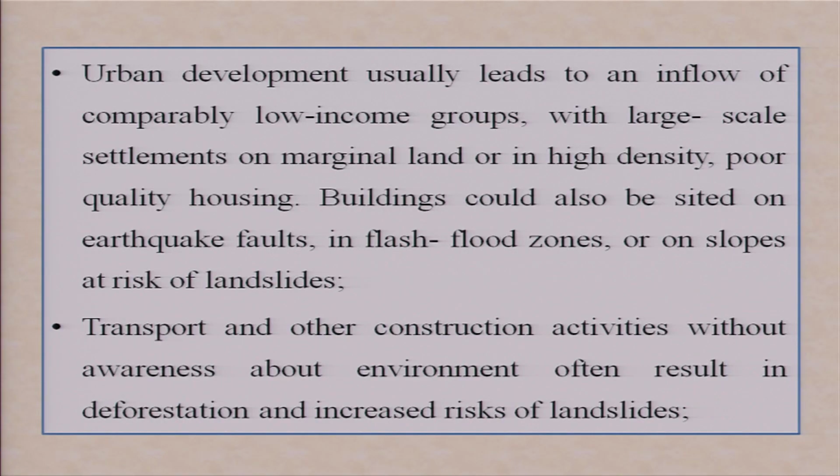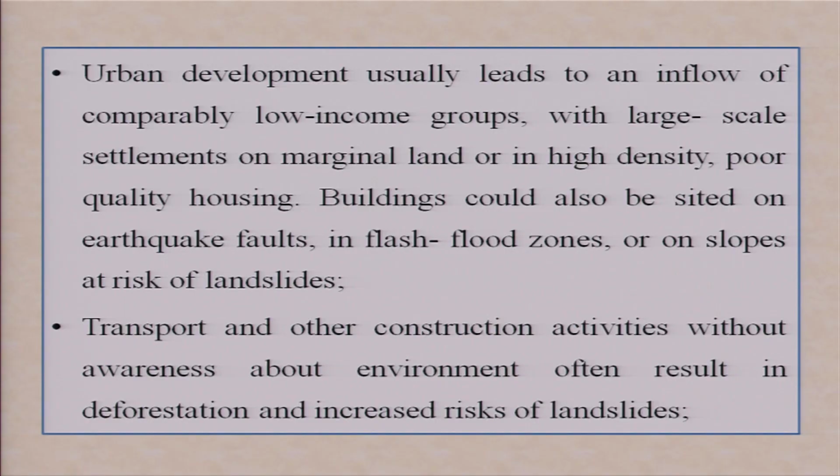For example, take urban development. Urban development leads to an inflow of comparatively low-income groups, with large-scale settlement on marginal land and high-density, poor quality housing. So buildings could be sited on earthquake faults, in flash flood zones, on slopes or at risk of landslide.